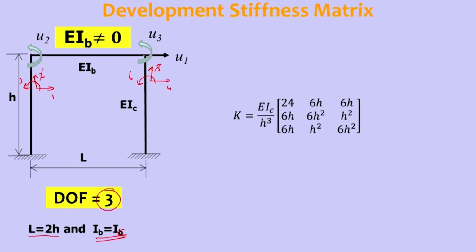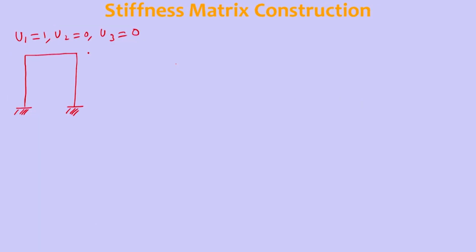U1 is translation, U2 is rotation and U3 is also rotation. So U1 translation is given 1 unit, so the structure is moving up to this. That essentially converts the structure like this: 1 unit here, 1 unit here.